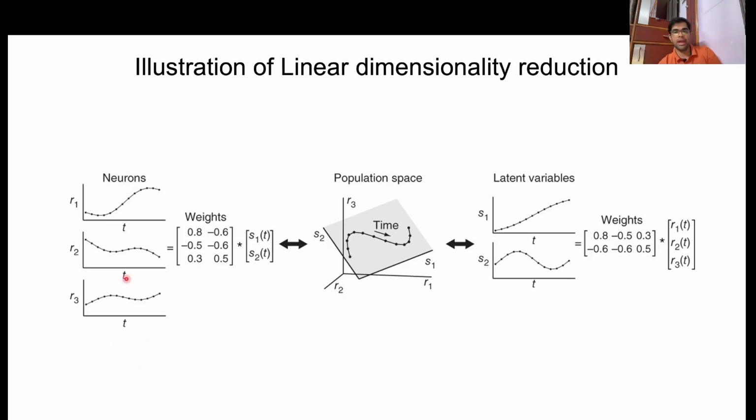So that's the idea here. And once you have latent variables, you can use the similar weights to get back the neural responses as well. Or either way, you get the neural responses, map it, and you get the latent variables. So these latent variables have a very specific or informative structure to them, which is resulting in the behavior.